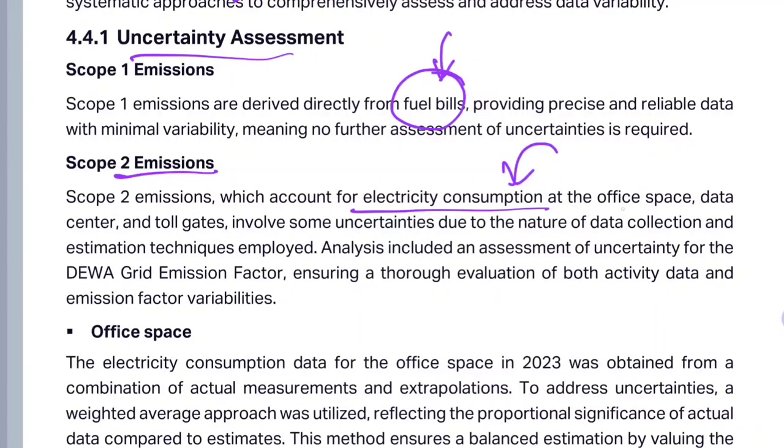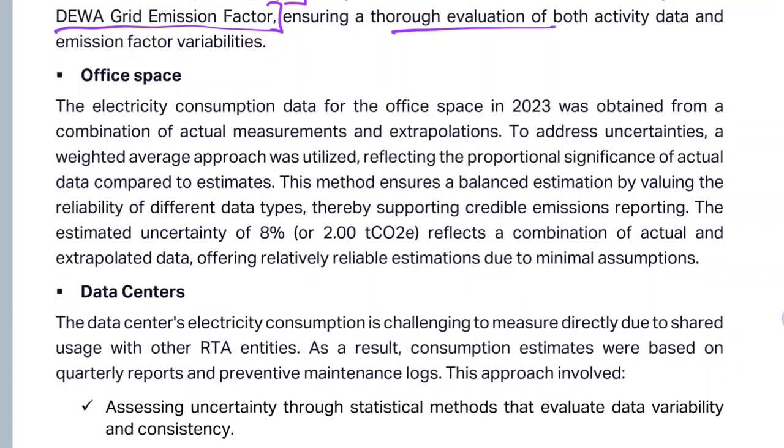So electricity consumption at office space, data center, and toll gates involves some uncertainty due to the nature of data collection and estimation techniques employed. So data we are getting from DIVA's grid emission factors. For emission factors, the analysis includes assessment of uncertainty for the emission factor grid, and also ensuring a thorough evaluation of both activity data and emission factor variability. So let us see one by one.